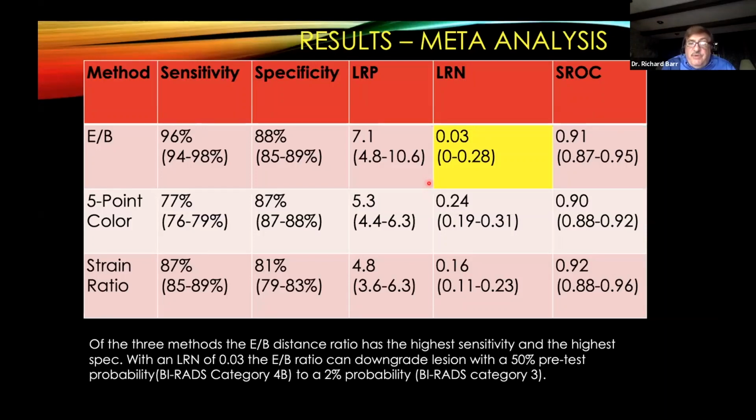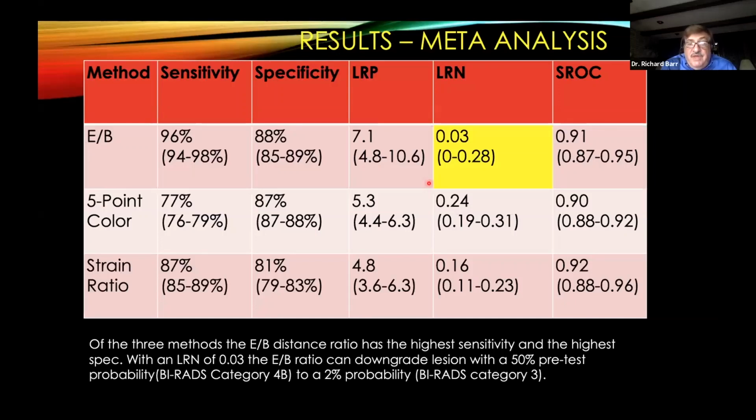And I think what's more important, if we look at the negative likelihood ratio, or LRN, of 0.3, statistically that's telling us that if we have a pre-test probability of 50%, all BI-RADS 4B or less lesions, we can downgrade them to a BI-RADS category 3.